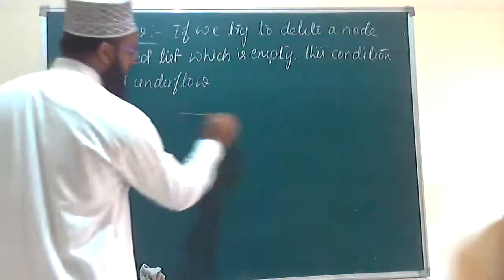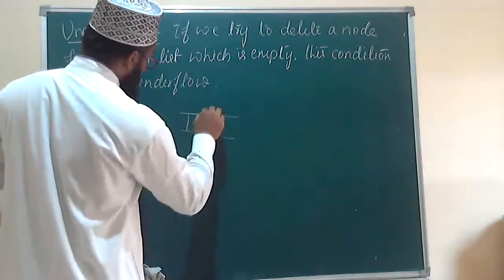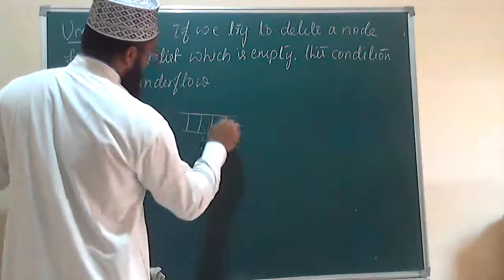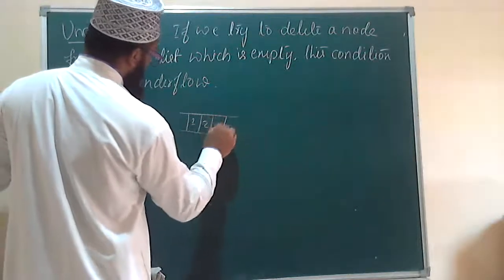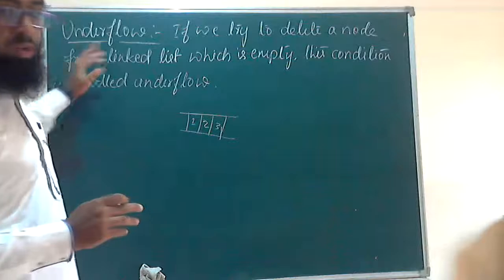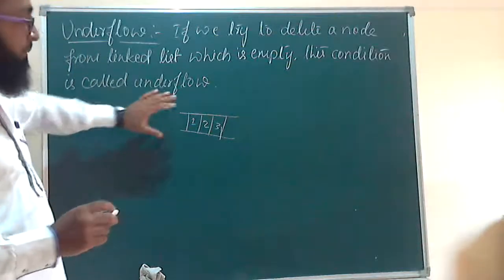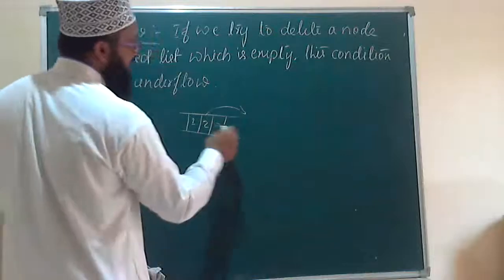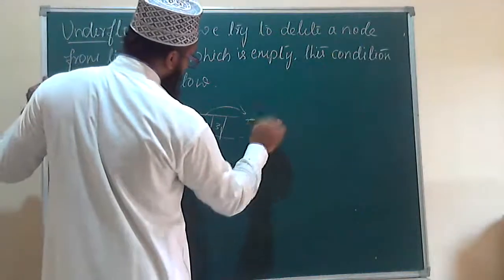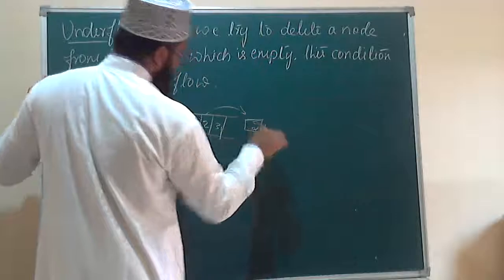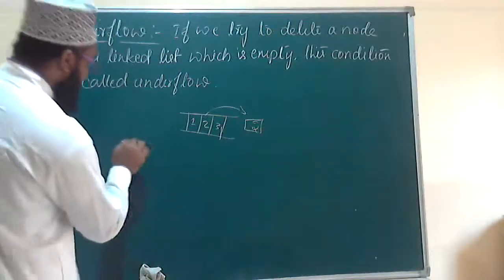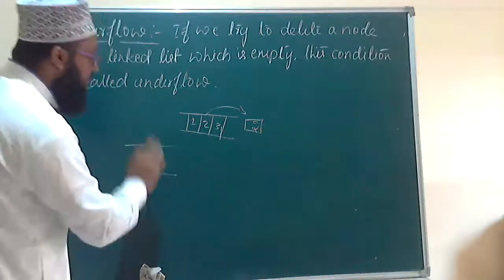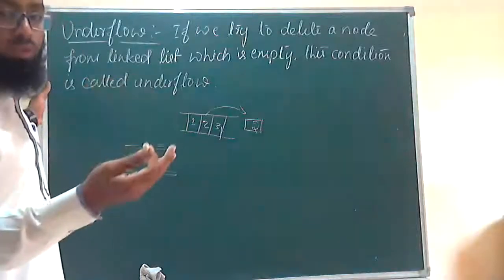I will give you an example. Think we are having a linked list. It contains some nodes: one, two, three. If we want to delete an item from this linked list, then items are there, we can easily delete the item number 2. Now think we are having a linked list which is empty, which does not contain any nodes.